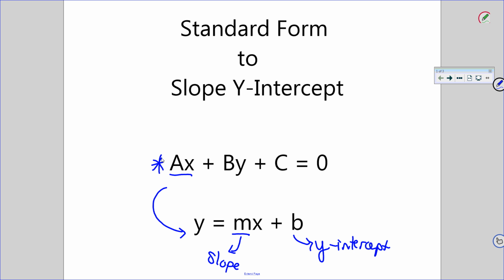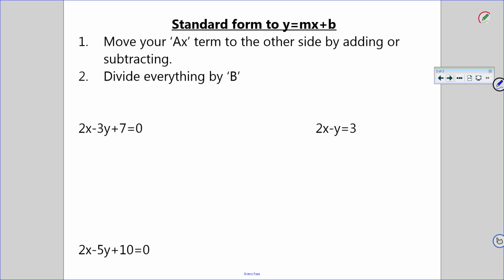So we're going to be converting from one form back into the other. That will be our goal for today. Okay, so standard form to y equals mx plus b, which is, again, slope y-intercept form.